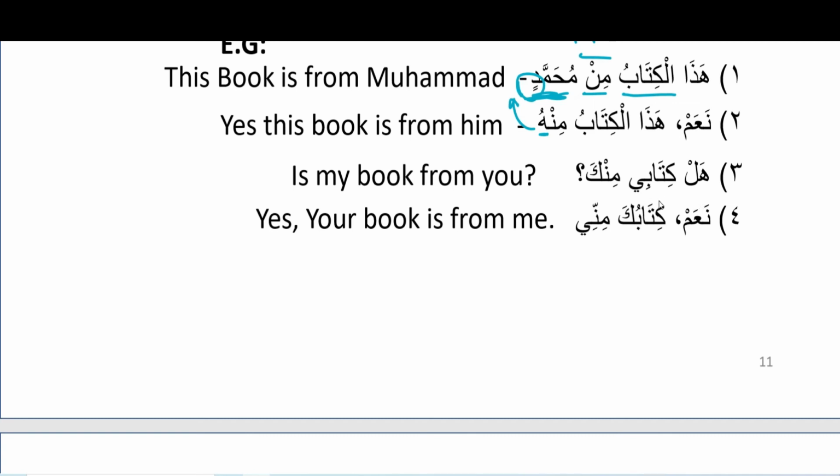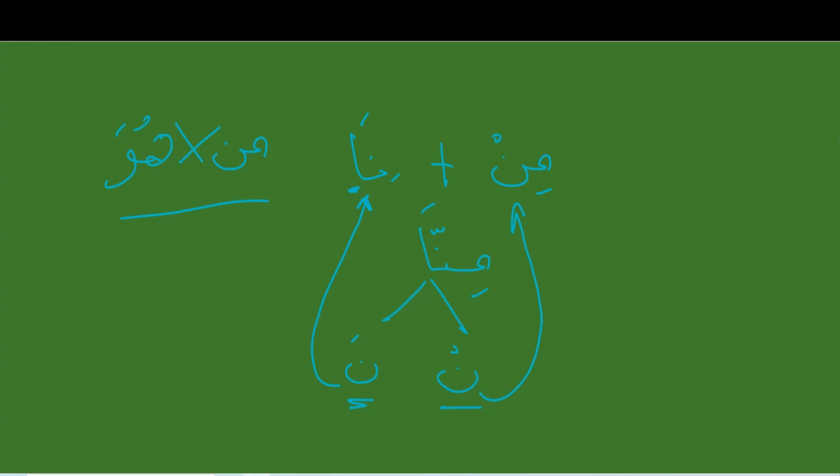Again, this is a noun that is attached to dhamir muttasil. Then minka, again a huruf, which is a preposition here, huruf jar, that is attached to dhamir muttasil. So again, it's quite straightforward. But imagine you are not being blessed with any translation.